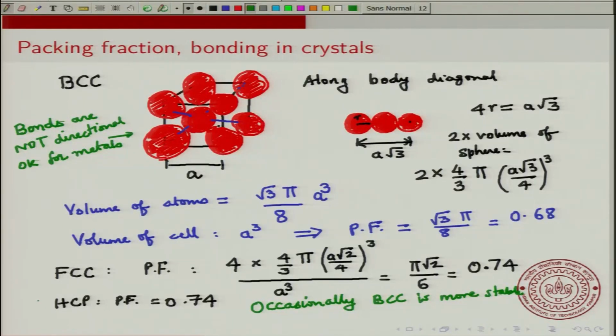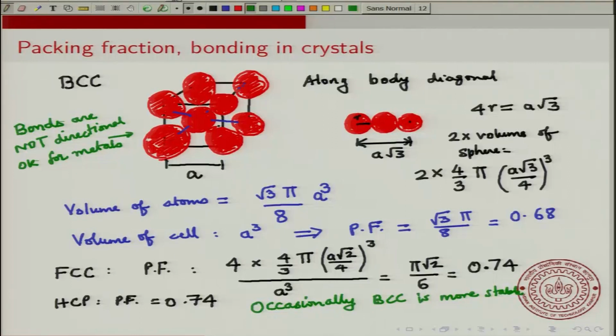Silicon crystallizes in a diamond cubic structure, and if you calculate the packing fraction of diamond cubic, it will be much lower. The coordination number is only 4, so the packing fraction is only about 34%, and that is also found. That has to do with the fact that the bonds in diamond are really covalent bonds that have a very specific direction.